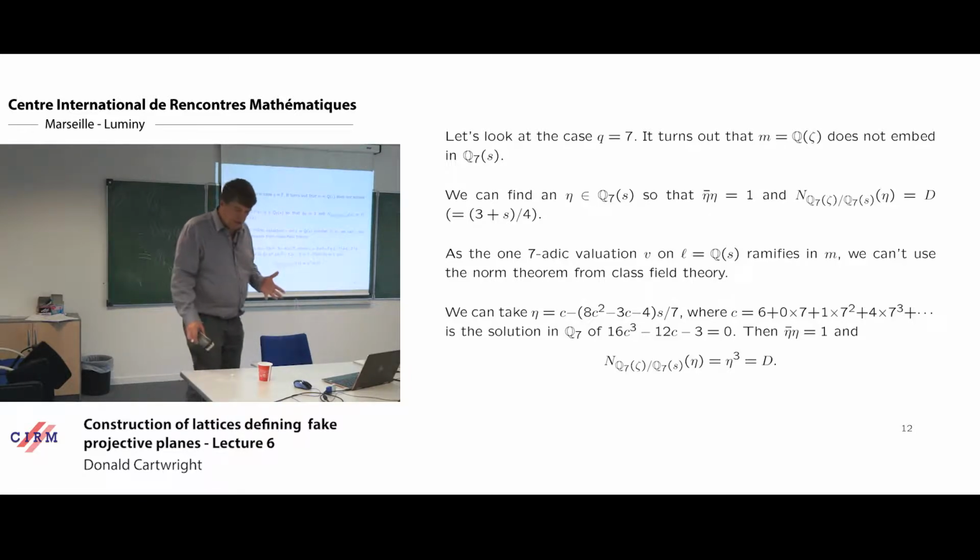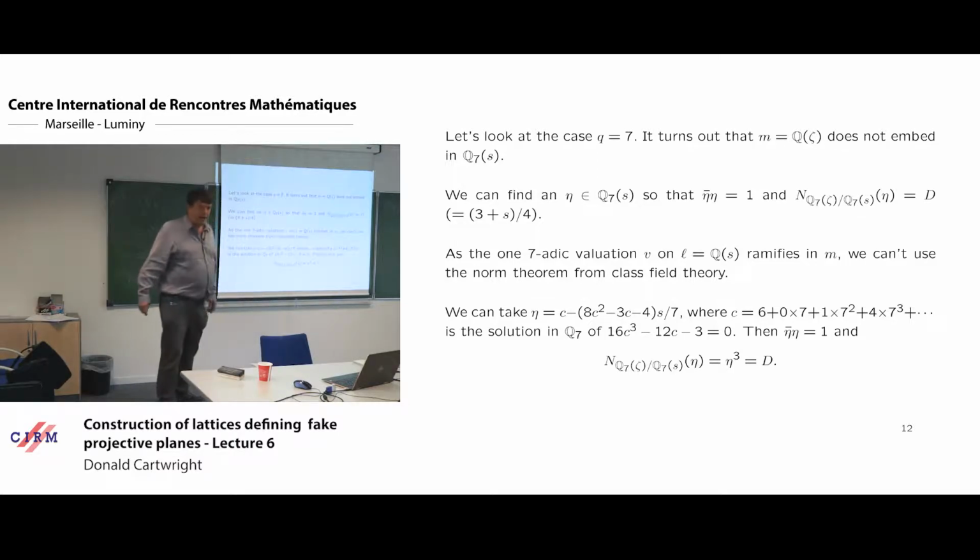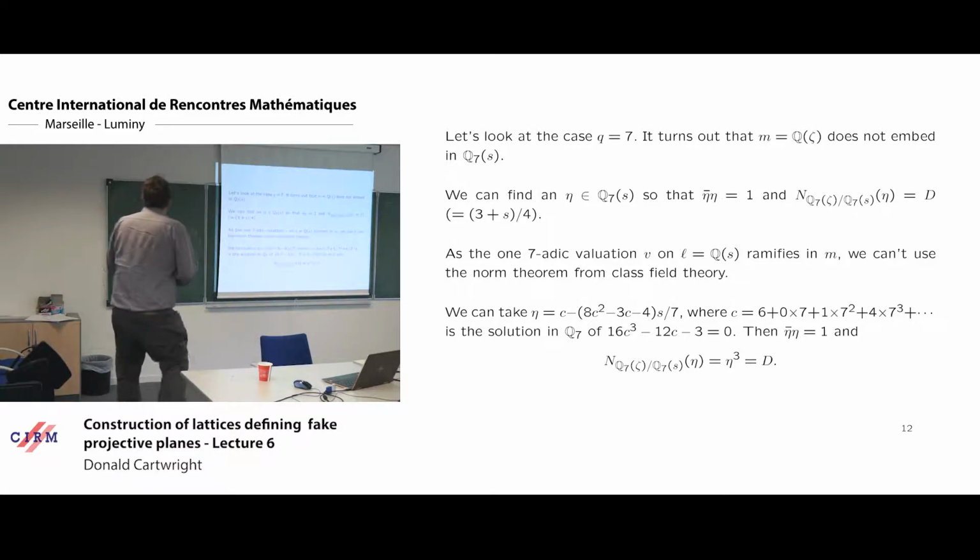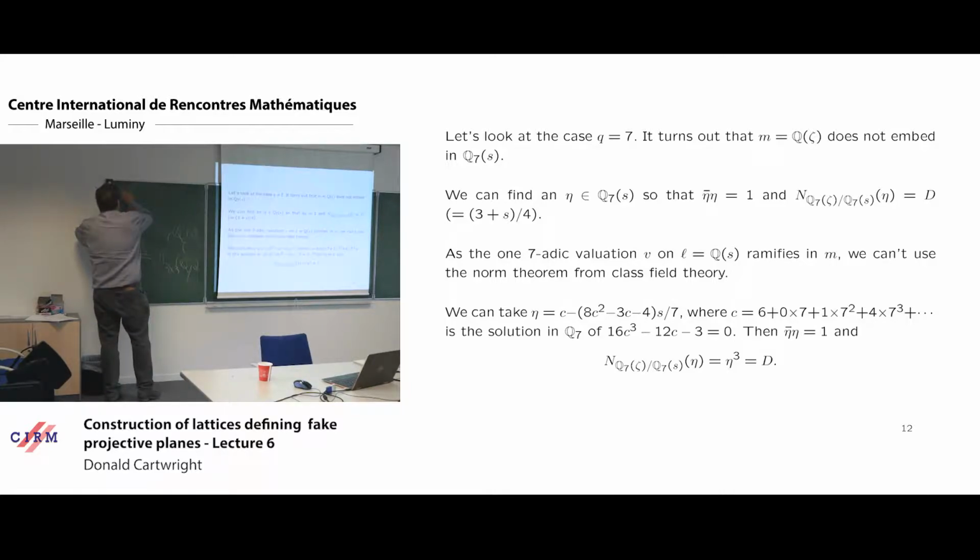Now we've got this big theorem from class field theory, which tells you that very often you know an element D is a norm just by checking its valuation. Unfortunately, here's a case where I do have a little complication of ML.